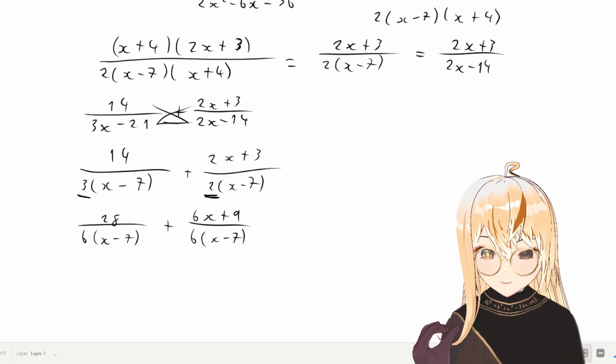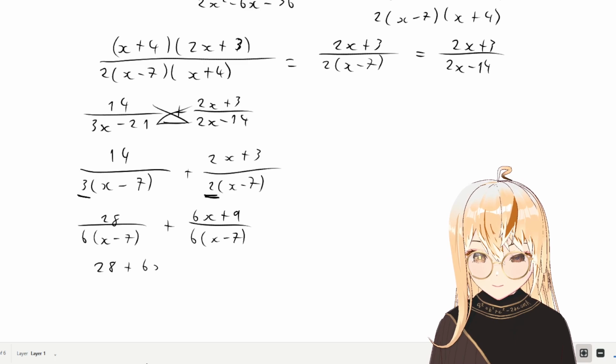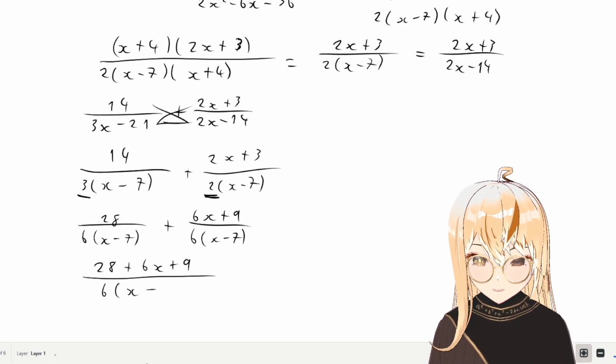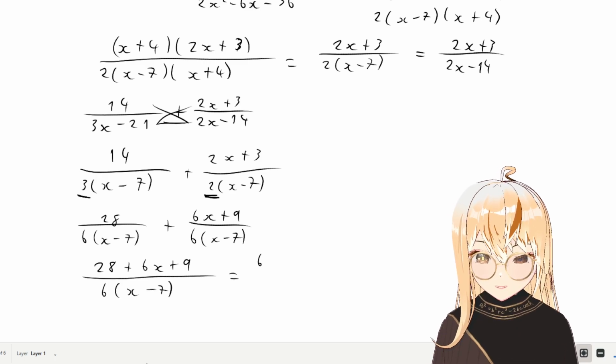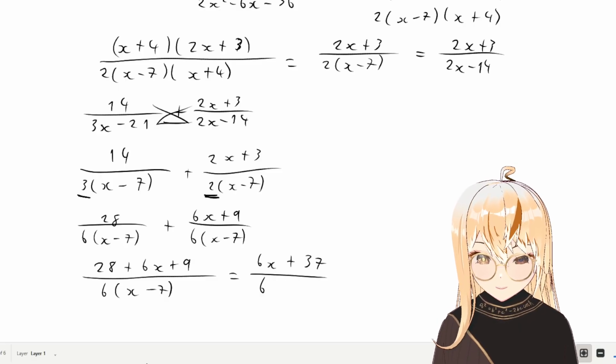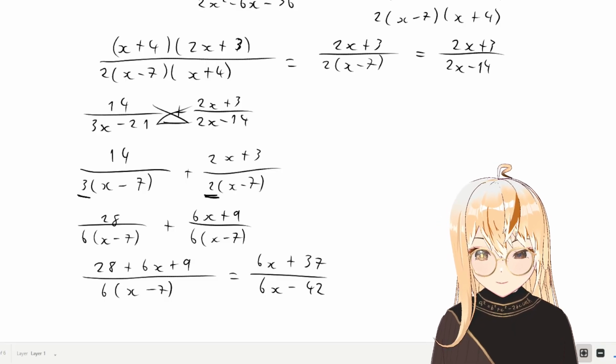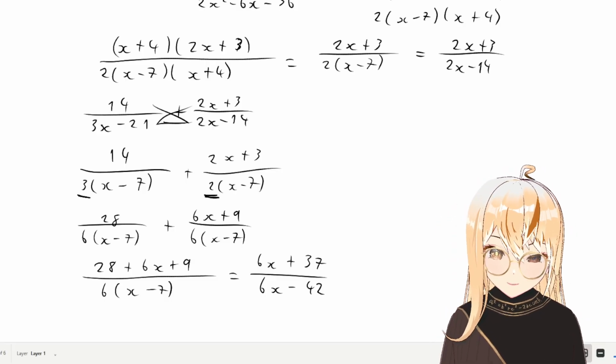Okay, so now we can put them together on the same fraction. 6(x - 7), then we've got (6x + 37) over (6x - 42). And that is it.